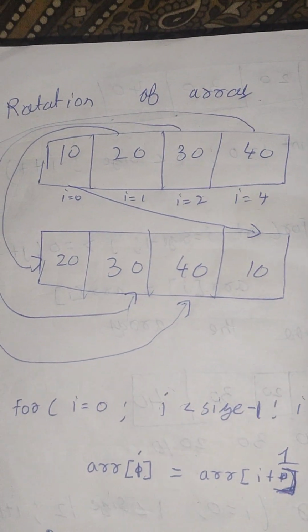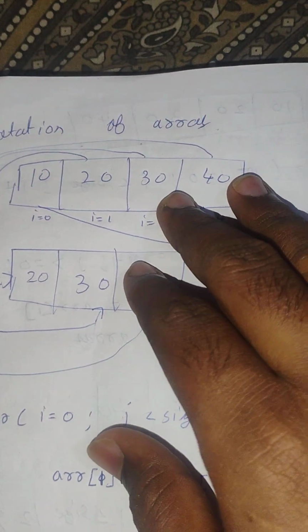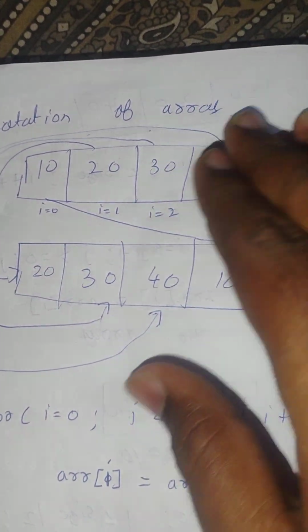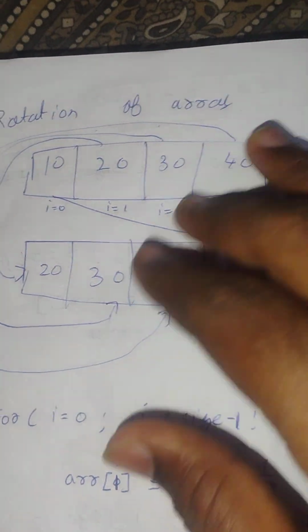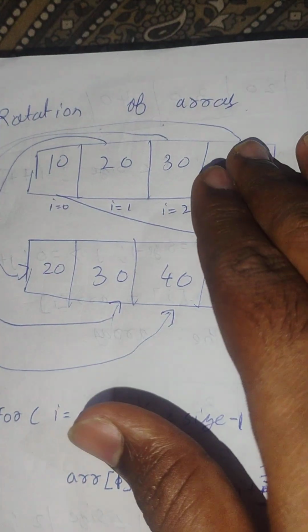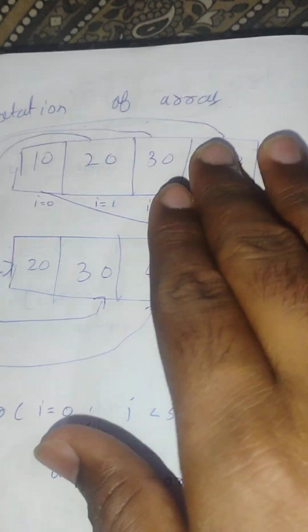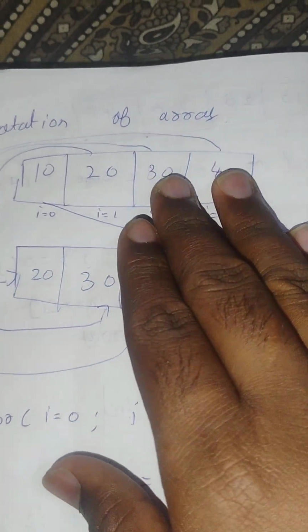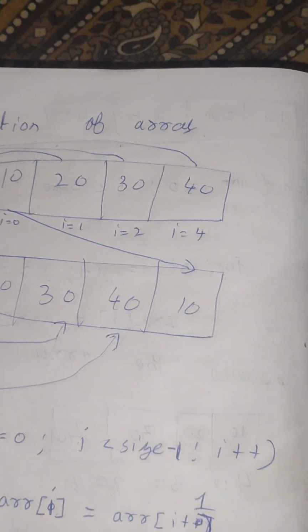After rotating 4 times the same value is going to repeat. After 100 times also the same value repeats, after 200 also. So the same rotation is happening again.